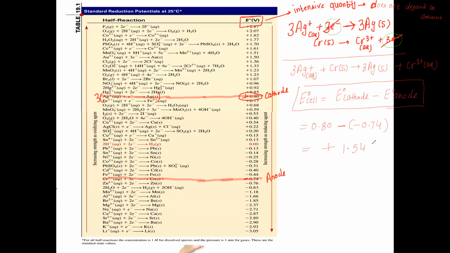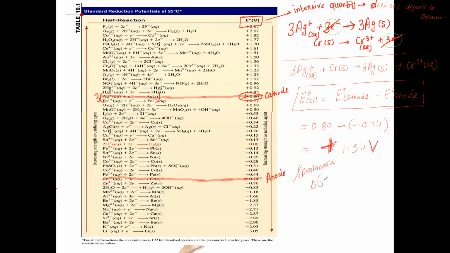Units are volts. V volts, right? Is it spontaneous? Yes, spontaneous. Why? If somebody says why, because E node cell is positive. That's why it's spontaneous.